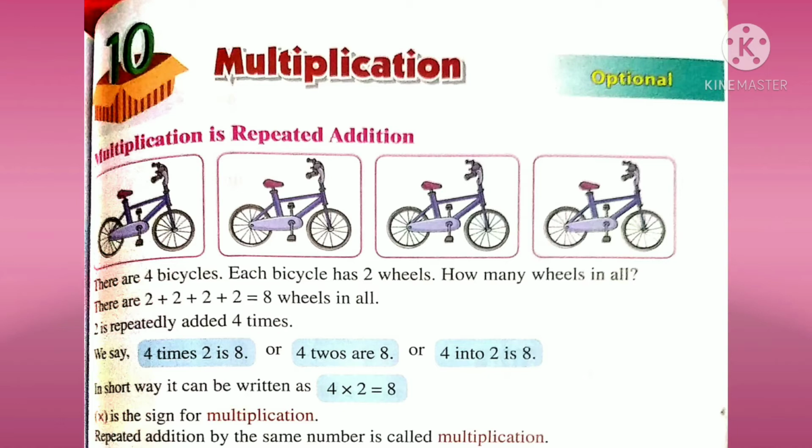In short way, it can be written as 4 into 2 are 8. Multiple is the sign for multiplication. Repeated adding by the same number is called multiplication.